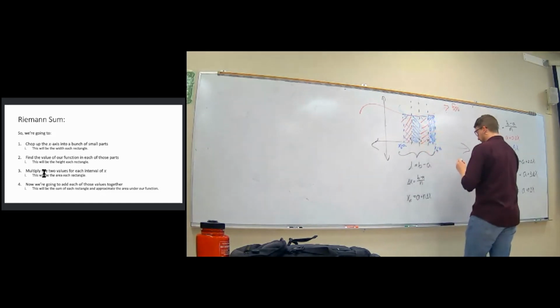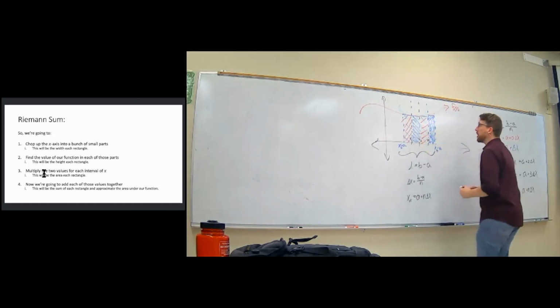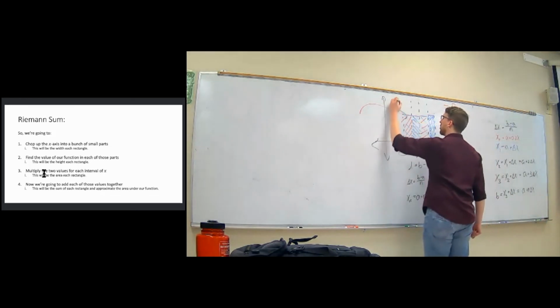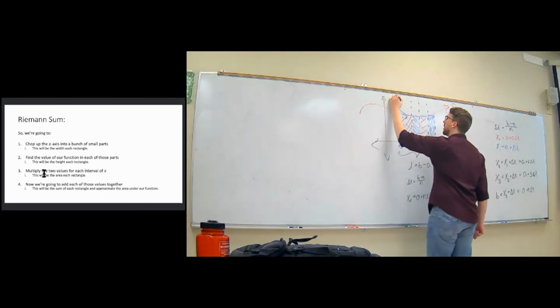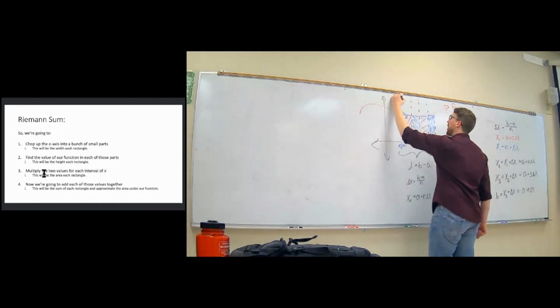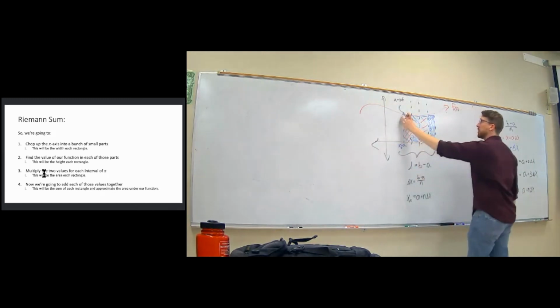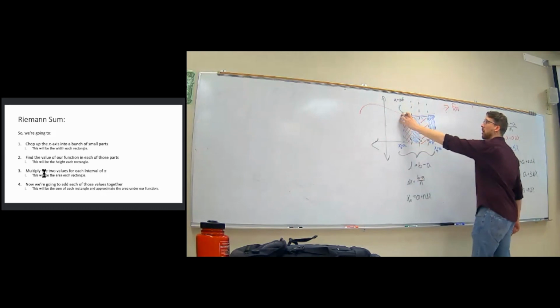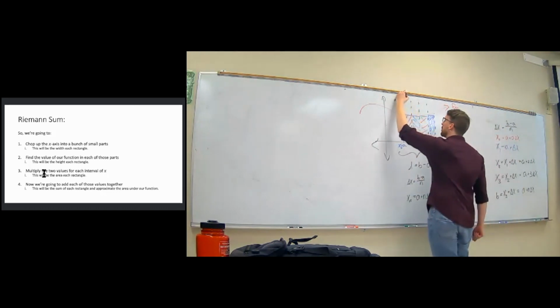All right. So the area of our first rectangle, let's call this area 1, is going to be equal to delta x times our function, since we're choosing the left corner, our function evaluated at x0.